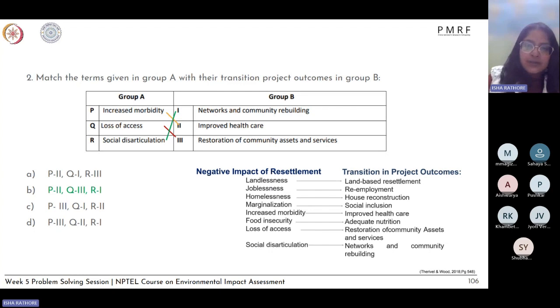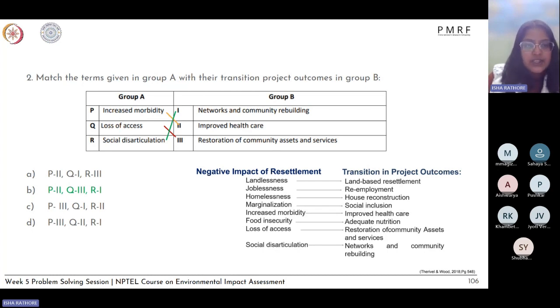Okay, so the negative impact which is mentioned is increased morbidity. It can be transitioned in project outcomes to improve healthcare. So P matches with 2. Loss of access can be transitioned into restoration of community assets and services. So Q matches with 3.